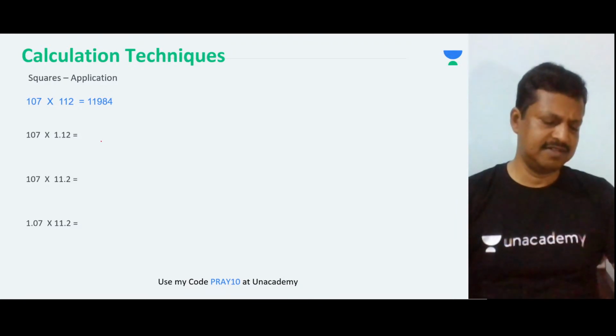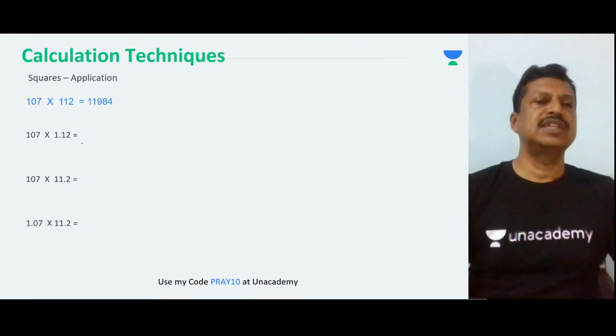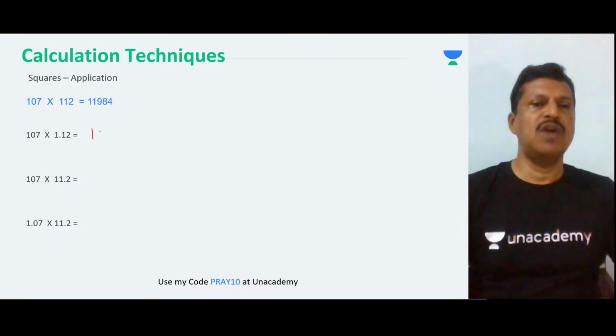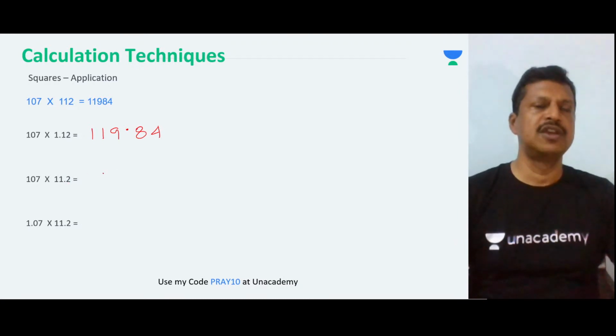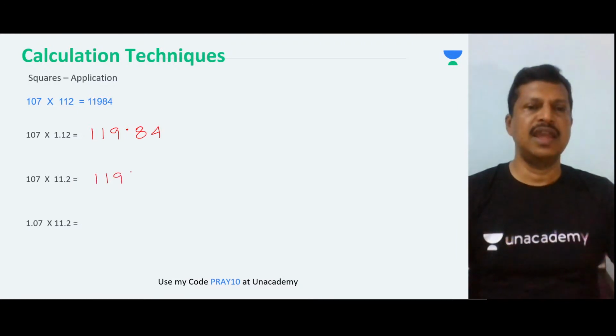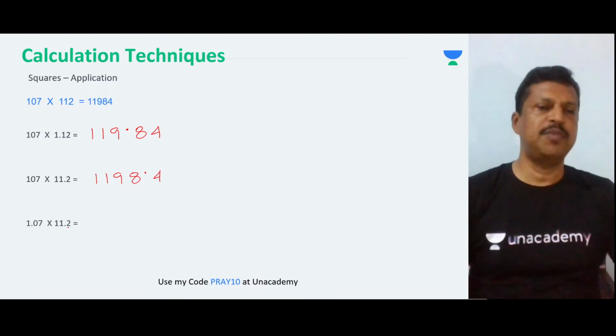Yeah, very good. Then Mandu. So this comes out to be what? This will be 119.84. This side, decimal point after one digit. So this comes out to be 1198.4. And here, decimal point after one digit and two digits. So three digits are there.